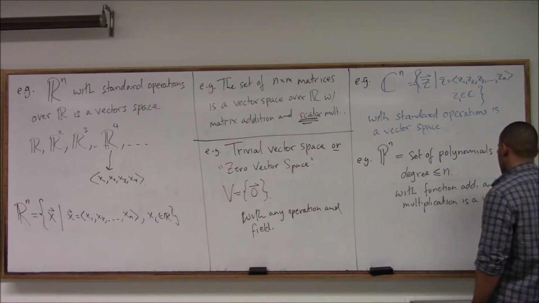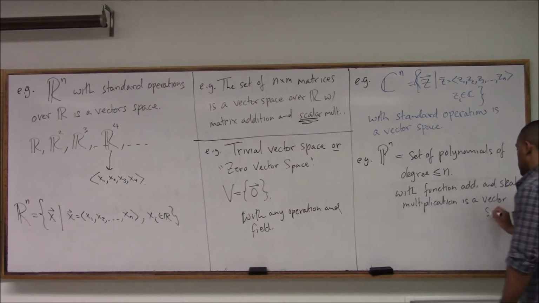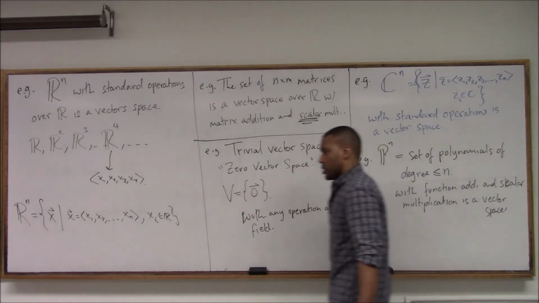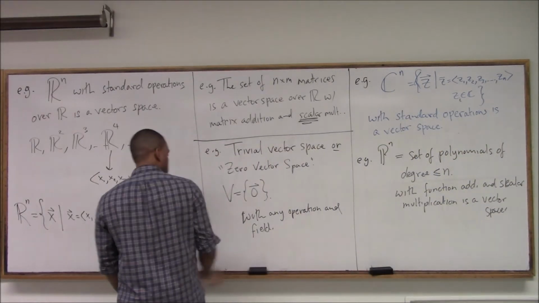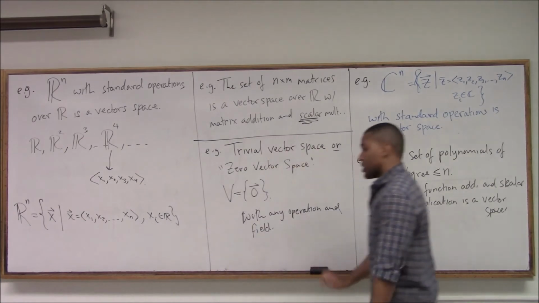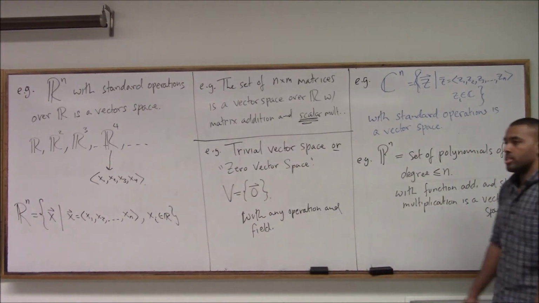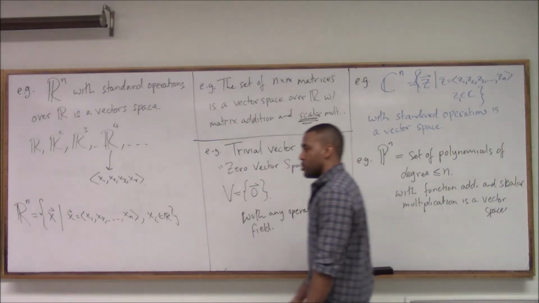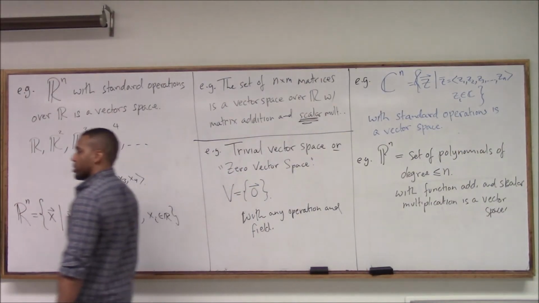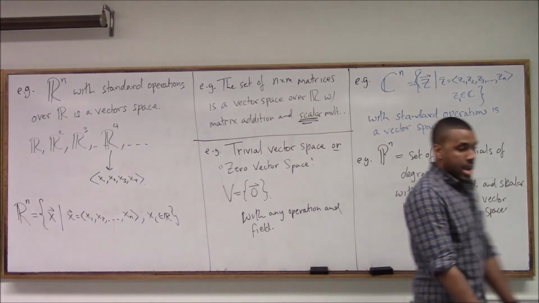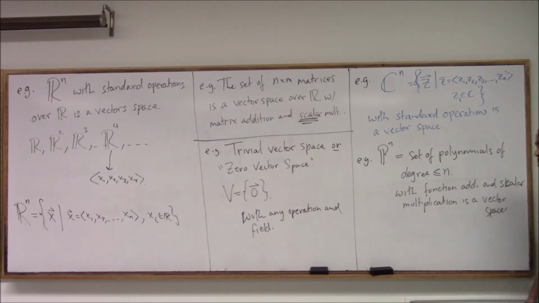It is a vector space. So I can think of P2, for example, the set of all polynomials that are quadratics or linear or constant. If I add any two such polynomials, I get one of those polynomials. If I multiply any of those by a scalar, I get such a polynomial. I can add them and do all sorts of things. The distributive law holds, all that holds.